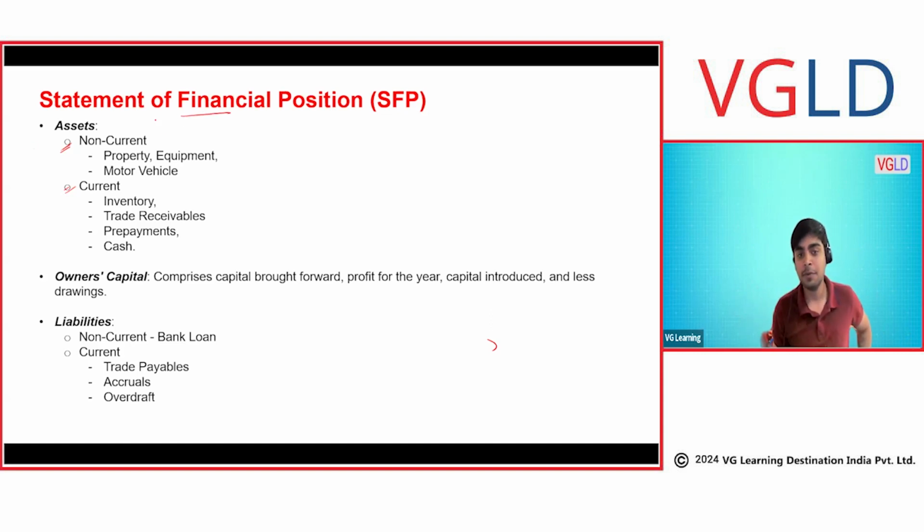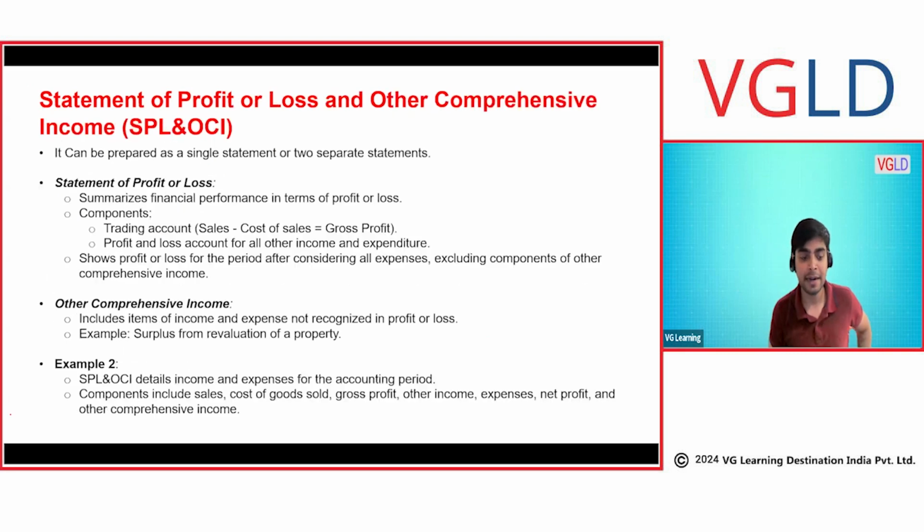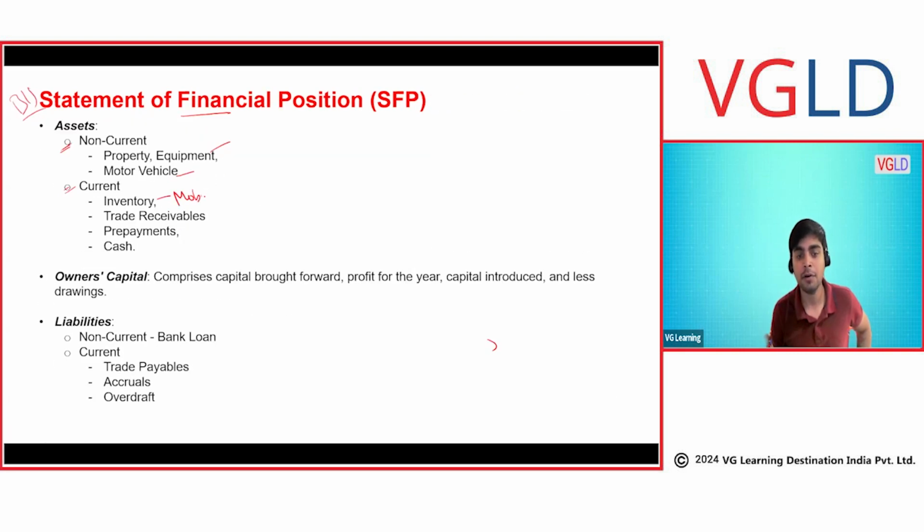Now, financial position, balance sheet: non-current assets, basically property, equipment, motor vehicle, and current assets, basically inventory. Inventory could be mobile phones, laptops, goods that you buy. Whenever we talk about inventory, it means the goods that you sell in business. Let's say Britannia company sells Parle-G biscuits.